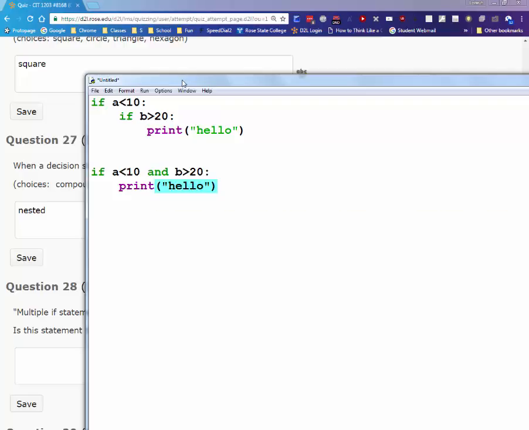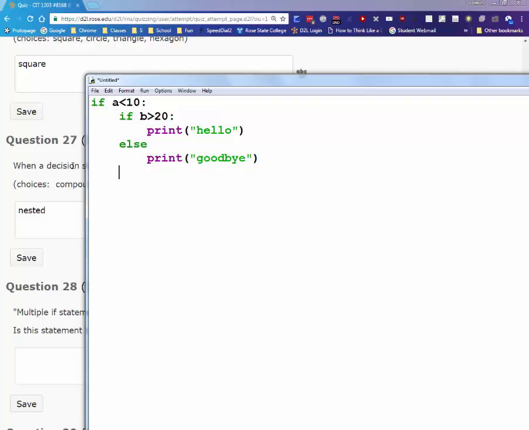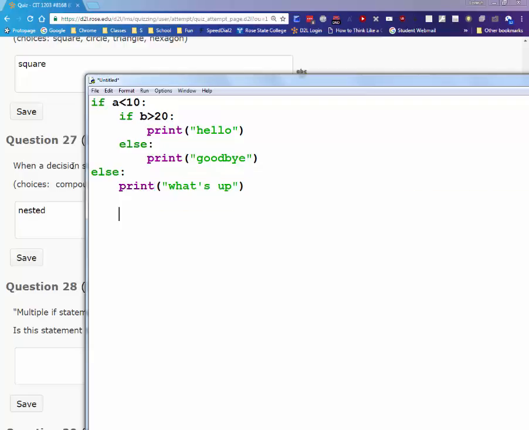But you may have more complex nomenclature than just this. So if, for example, you had this and you had some else thrown in, else, print goodbye, and for good measure, we had another else down here. And I'm forgetting my colons, so it would not compile. Print what's up, whatever. This is still a nested if here, even though it has an else clause.